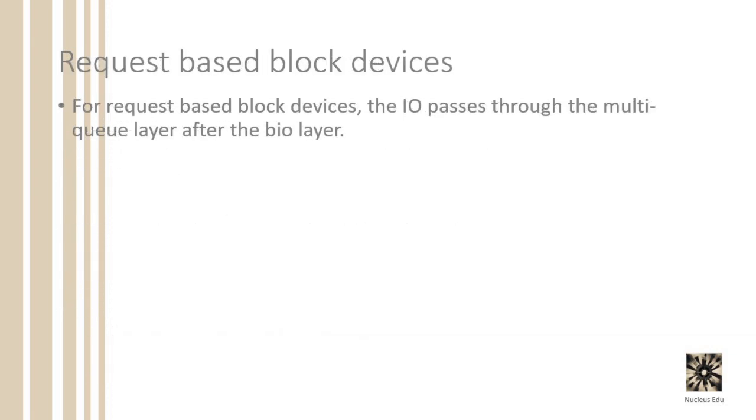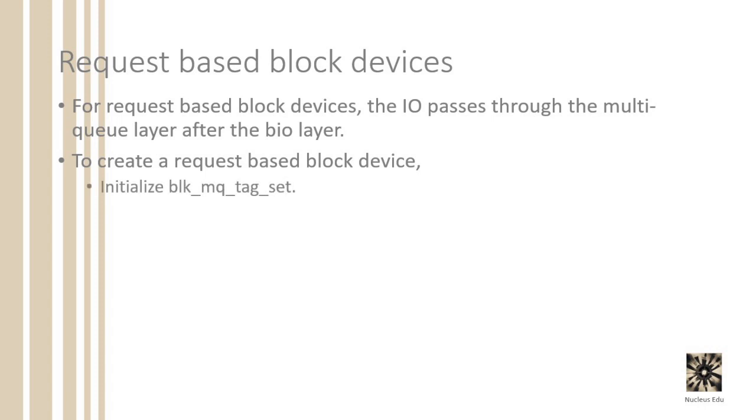Now let's look at request based block devices. For such devices, the IO passes through the multi-queue layer after the bio layer, which we'll discuss in the next video. To create a request based block device, the steps are a little different.